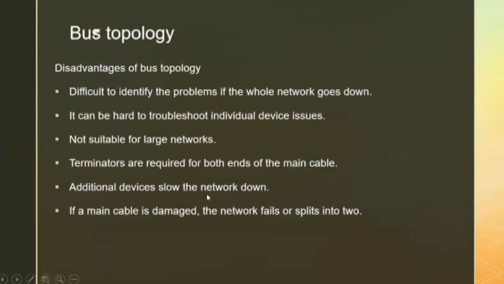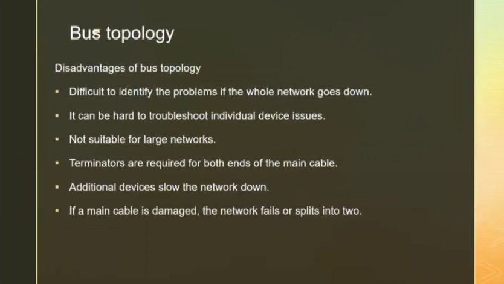Additional devices slow the network down. Sometimes if you are inserting more devices, it can slow the network. If the main cable is damaged, the network fails or splits into two.